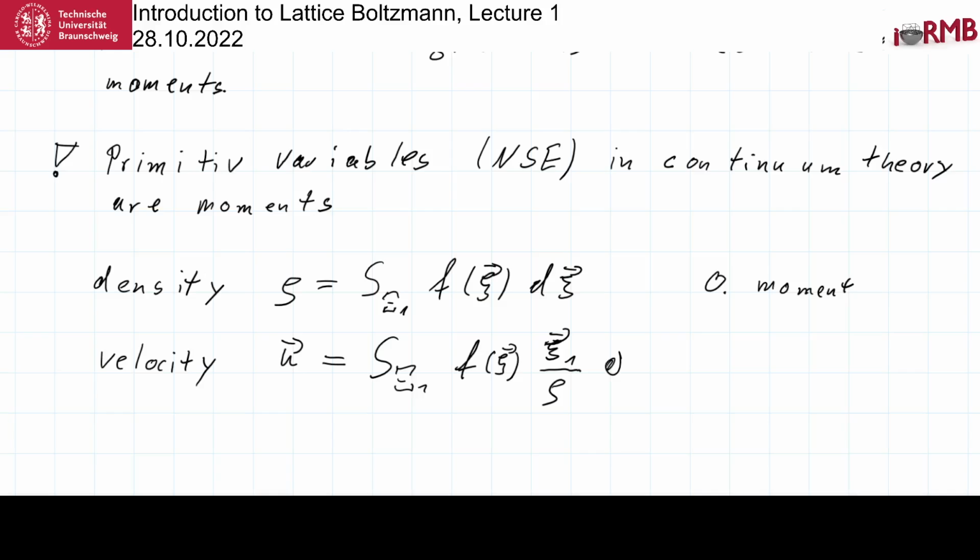So if you add two intensive quantities together, you don't get the sum. The density is an extensive quantity because if you make the system larger, you get more mass.